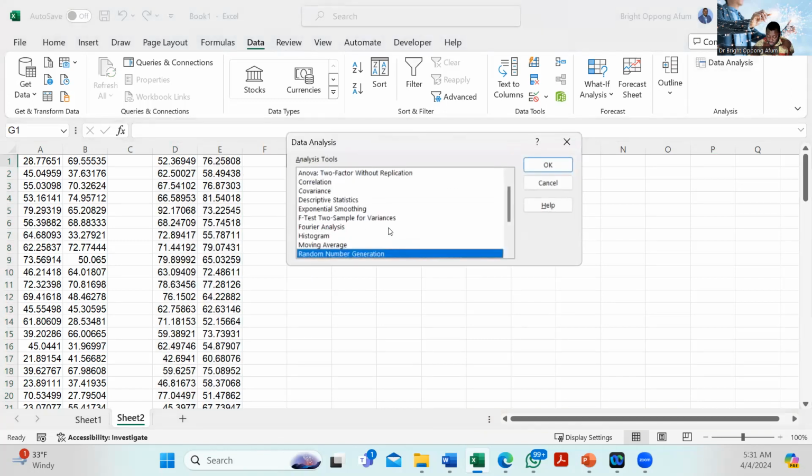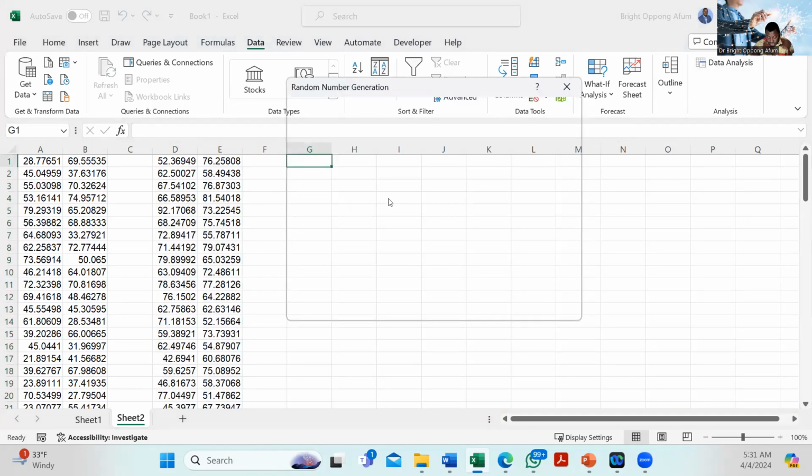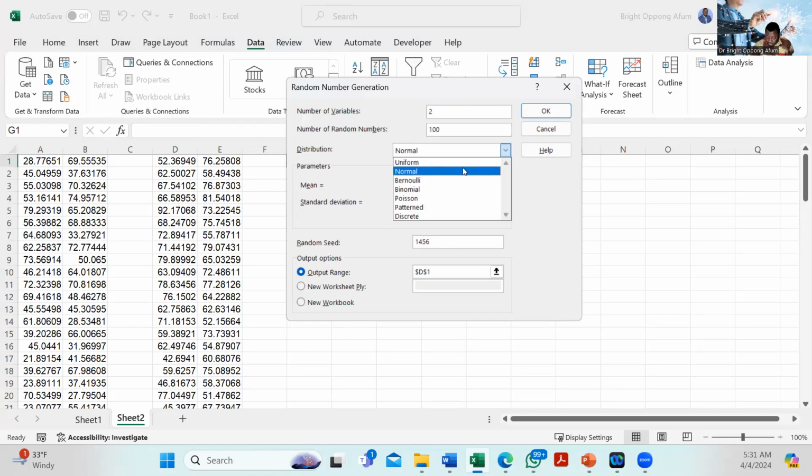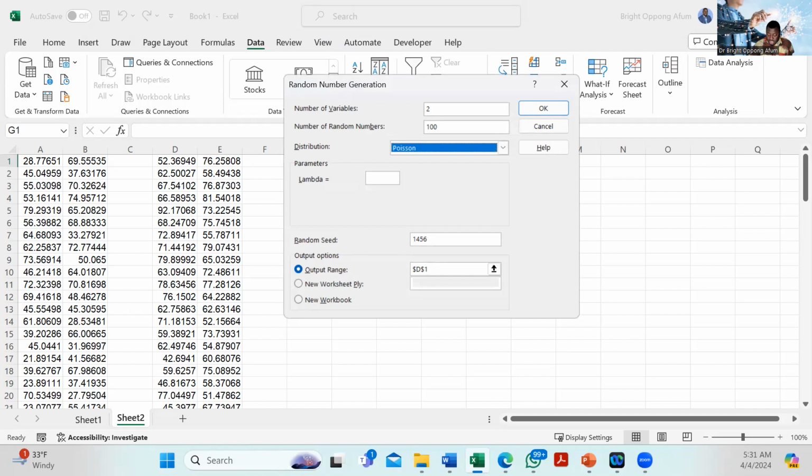right? So let's try the third one, maybe could be the final one. So we have the Poisson distribution, and with the Poisson distribution, it has the lambda, which represents the mean, right?